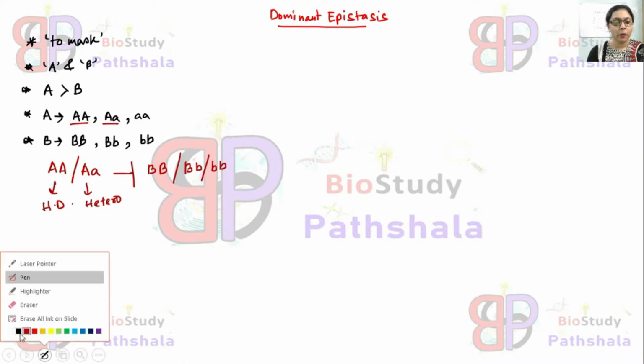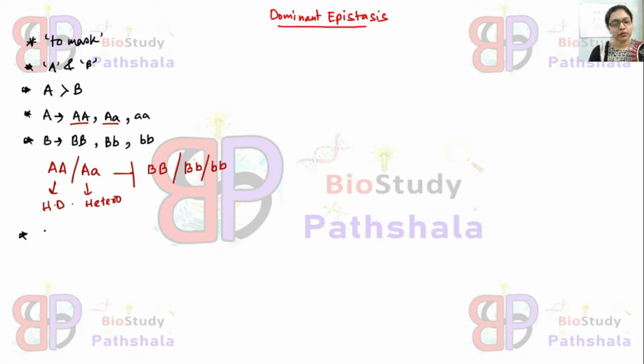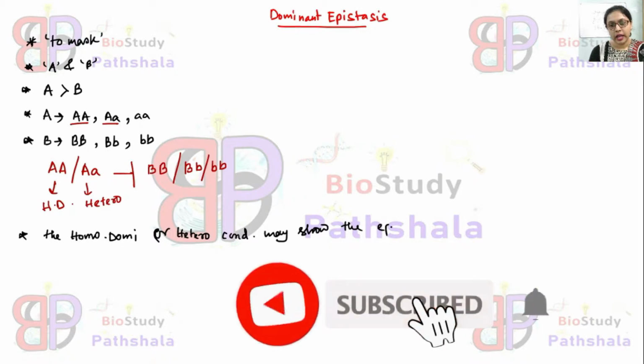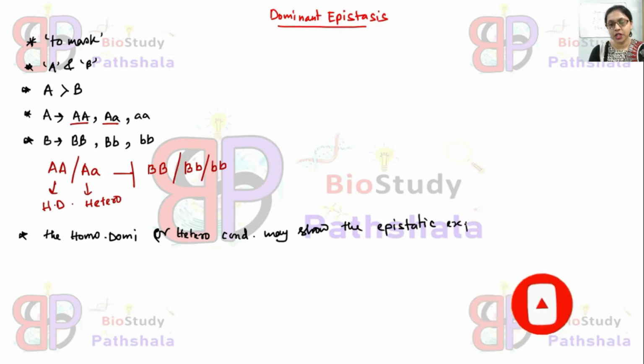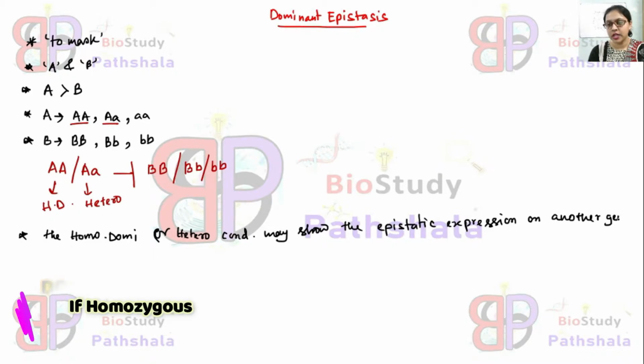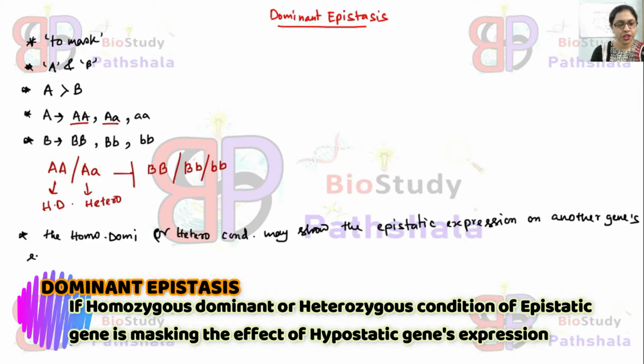That means dominant epistasis means the homozygous dominant condition or heterozygous condition may show epistatic expression on another gene's expression.